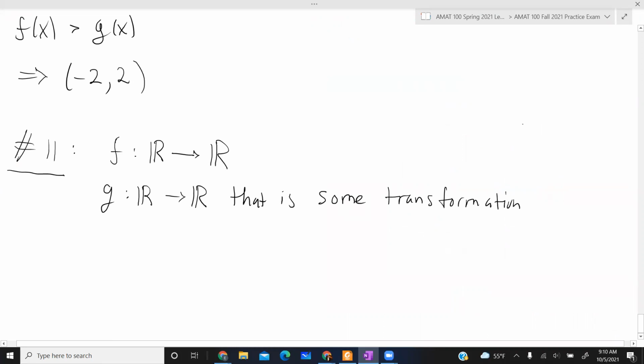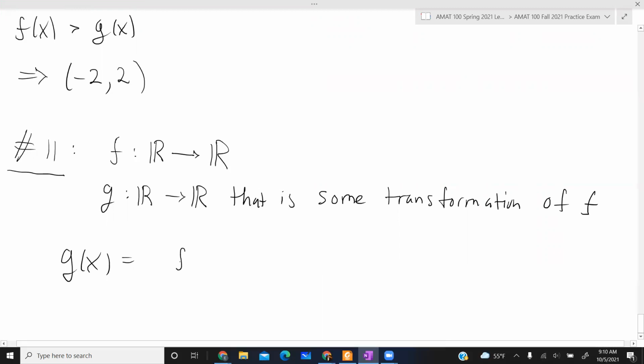G of X is some transformation of F, and I specifically tell you what kind of transformation it is. So we want to figure out the formula for G of X in terms of F of X, given the description of its transformation.